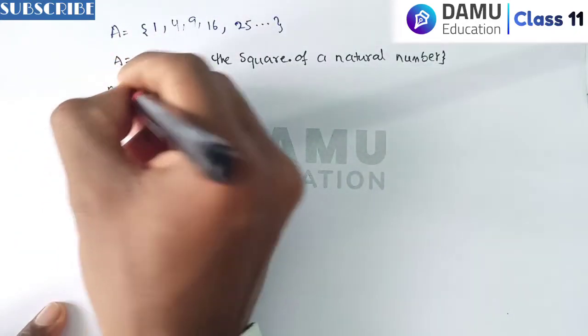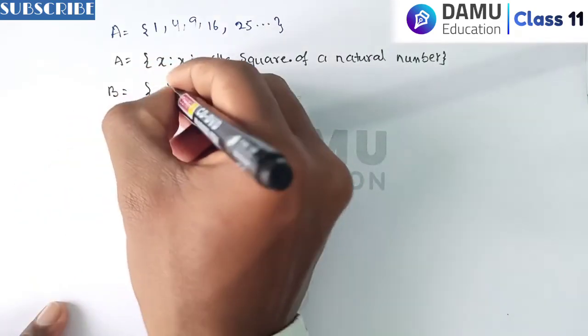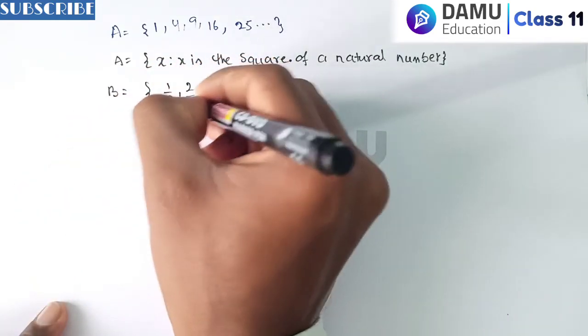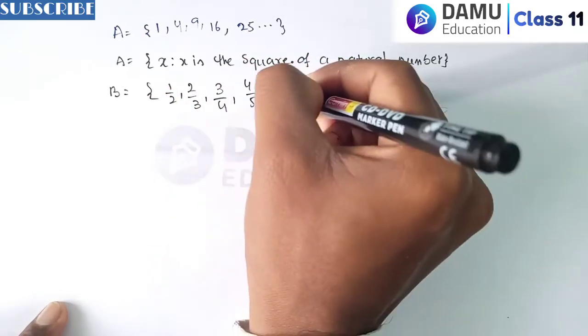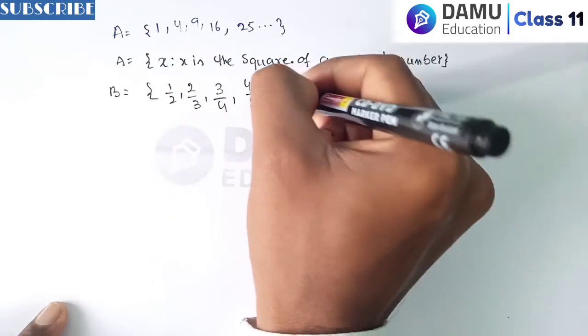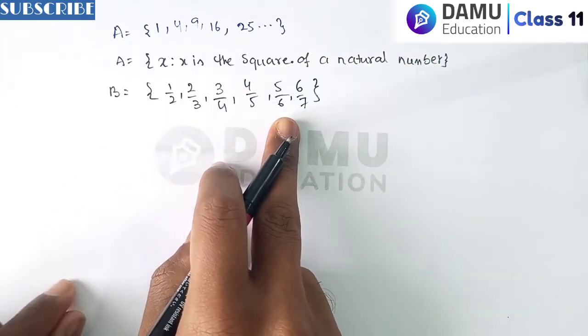Next one, B. Let's take the roster form: 1 by 2, 2 by 3, 3 by 4, 4 by 5, 5 by 6 and 6 by 7. Then what is the set builder form for this?